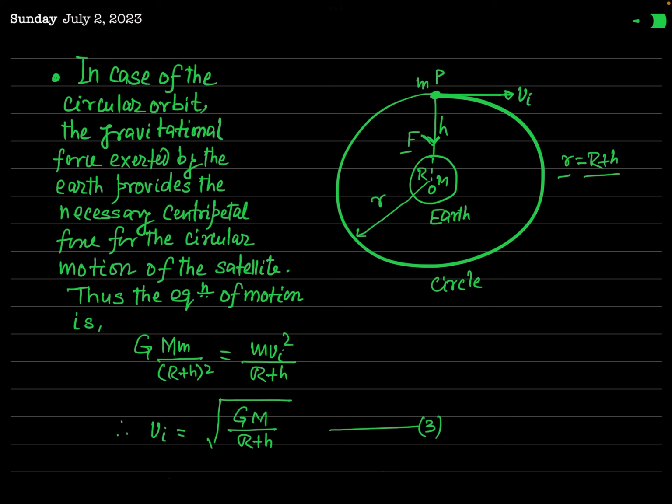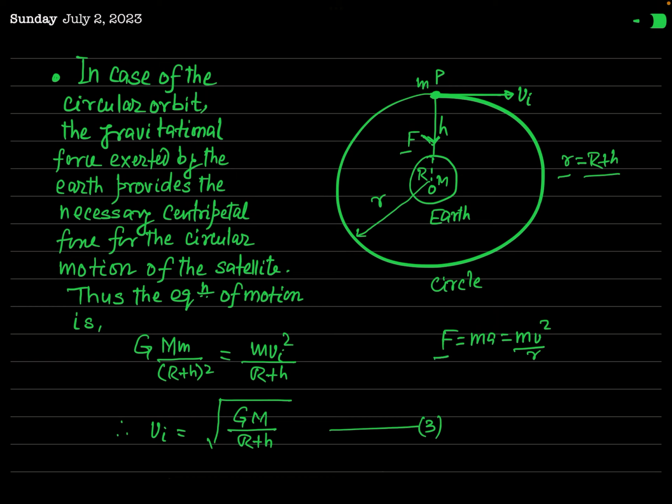If you write the equation of motion of this satellite, what will it be? The equation of motion is F equal to ma. But in circular motion, this acceleration is equal to v square by r, which is called centripetal acceleration.